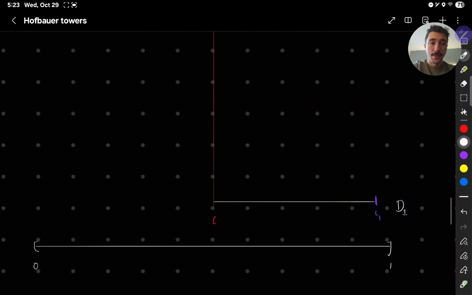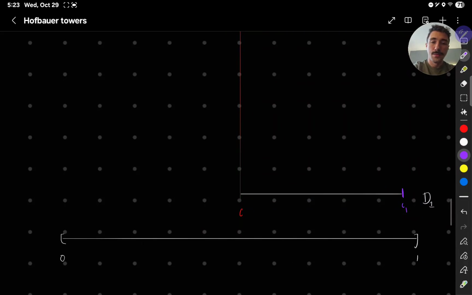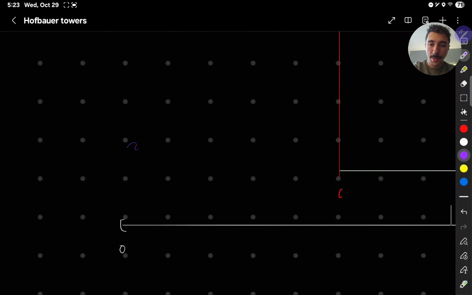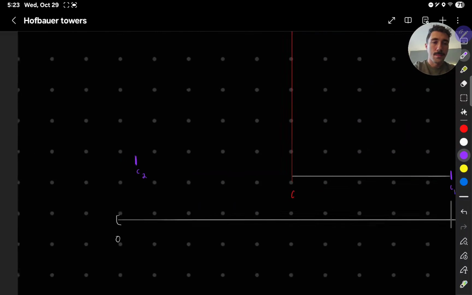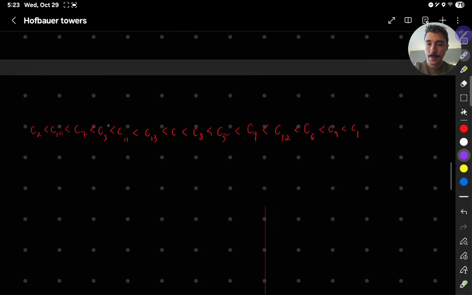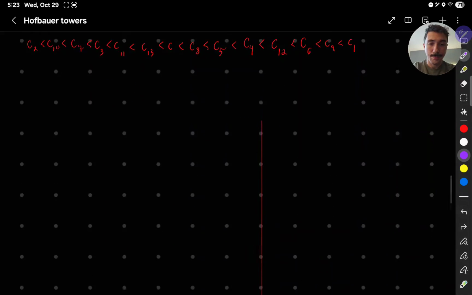The next thing I'm going to do is write C2 above. So maybe that's here. And then I'm going to write C3. It's here, between C2 and C, roughly halfway.